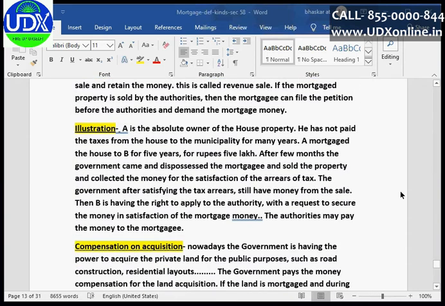Okay? So now, consider the government is lawfully acquiring the property for a public purpose, such as hospital construction, road construction, residential layouts, etc. And the government also has the duty to pay fair compensation, I'm using the word fair compensation, to the owners of the land as early as possible.